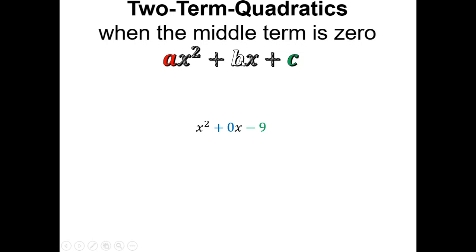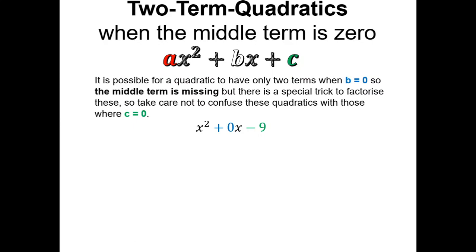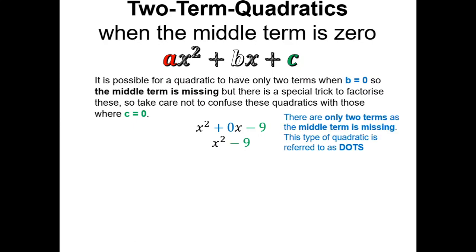Now, what about a two-term quadratic where the b is 0? If there's a 0 here, we just have an x squared term and a number term, like I've got down here. This can simplify to be x squared minus 9 instead. If the middle term is missing, this is something that we refer to as DOTS, difference of two squares. We'll get into that a little bit more later.